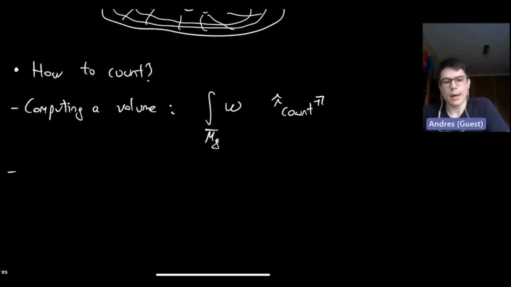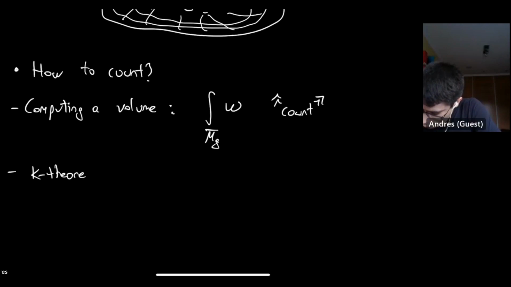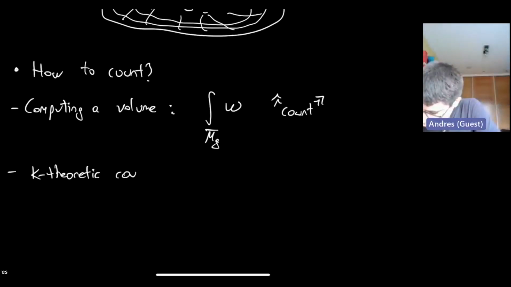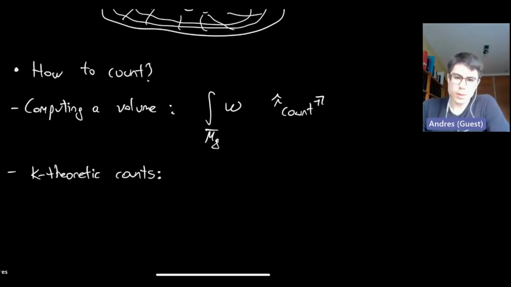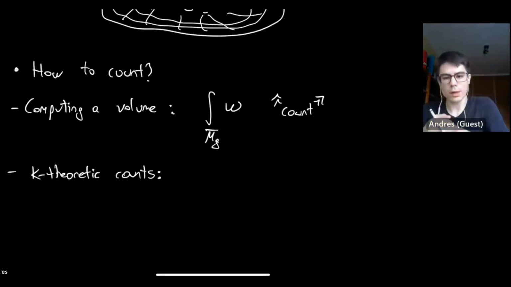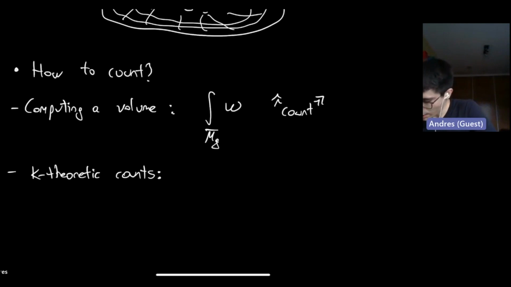In some sense, there's a slightly different algebraic approach to counting via index theory. So instead of computing a volume, what we can do instead is compute some sheaf cohomology. So there are K-theoretic counts, which say, instead of computing a volume in the moduli space, you can take some so-called K-theory classes and compute the Euler characteristic, just sheaf cohomology or some shifts on the moduli space.